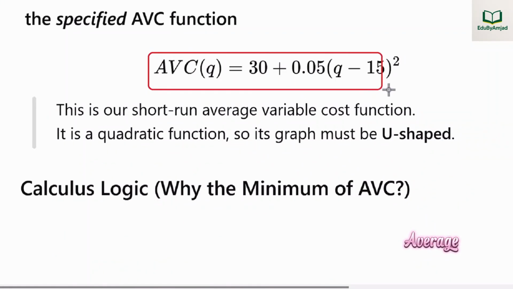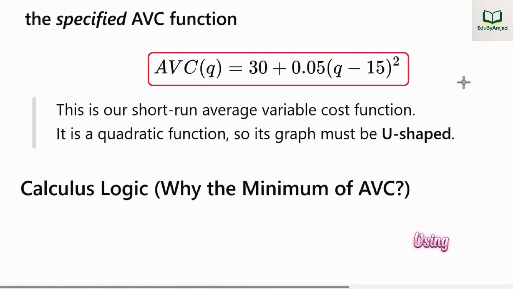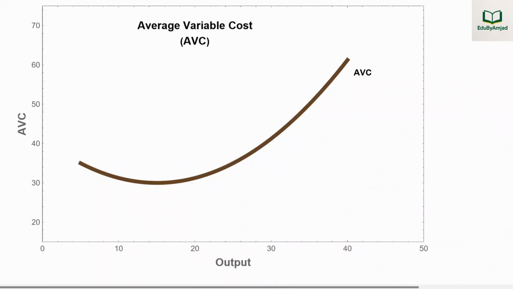Here is the short-run average variable cost function we are using. AVC of Q equals 30 plus 0.05 times (Q minus 15) squared. This function is U-shaped. AVC changes with output. So the firm asks, is there any output level at which price can cover AVC?